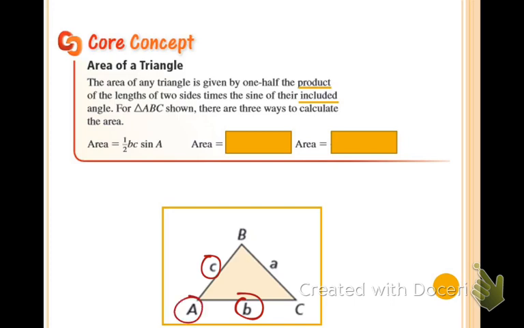Angle A. So for each of these, if you see this one is side a, side c, and angle B. And the next one, can we make a guess of what it will be? We have bc, angle A; ac, angle B. What do you think the next one would be? ab, and then angle C, so sine of C.